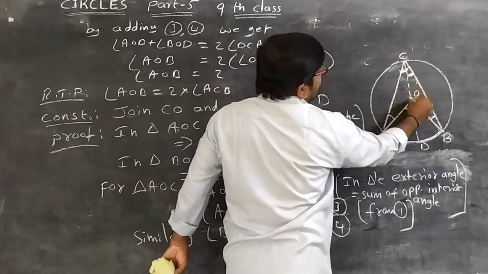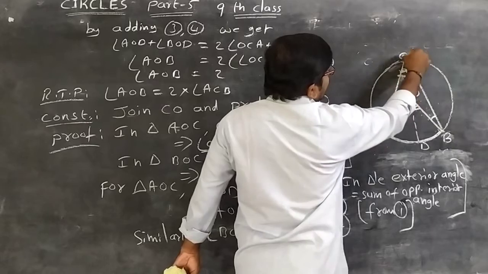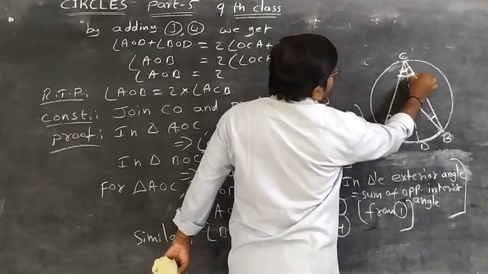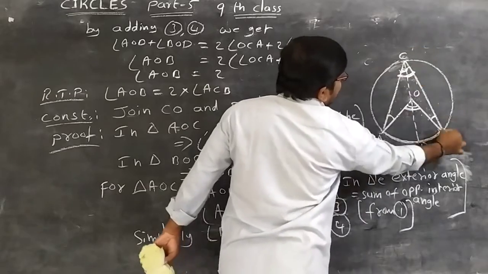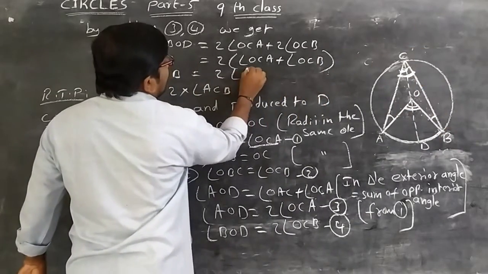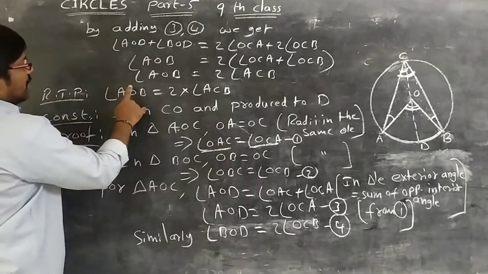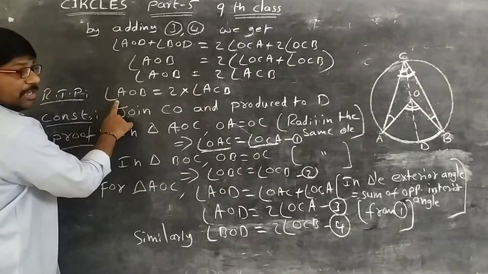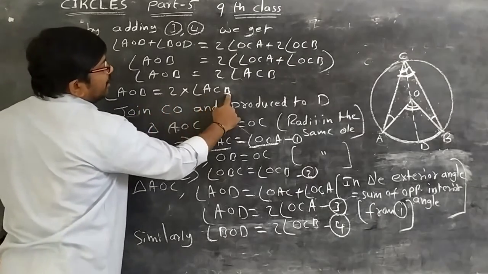OCA, this angle, plus OCB, this angle, gives angle ACB, right? So required to prove, RTP, is angle AOB equal to 2 into angle ACB.